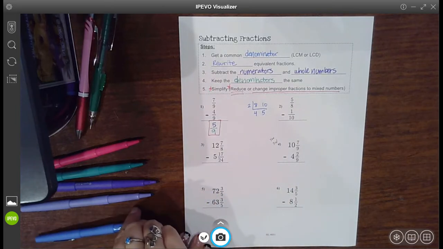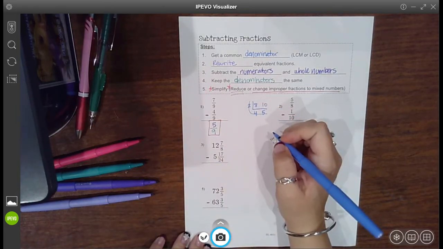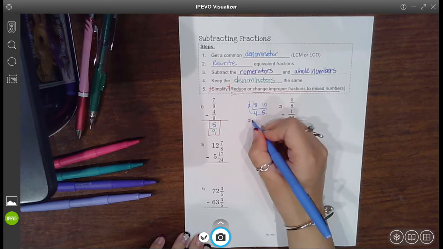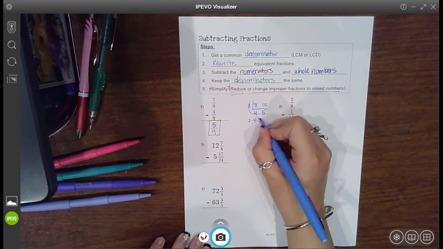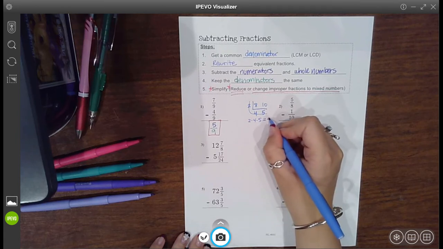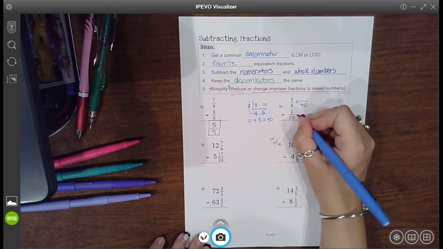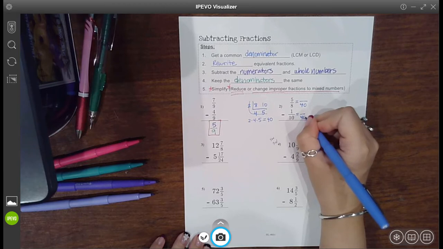I can't keep going, so I multiply the outside numbers. 2 times 4 times 5. 2 times 4 is 8. 8 times 5 is 40, which means the smallest number that both 8 and 10 can multiply to become is 40. That's their common denominator.